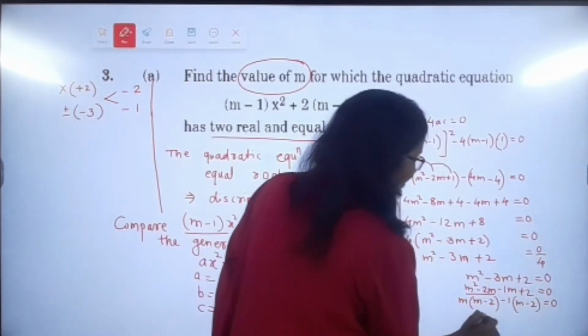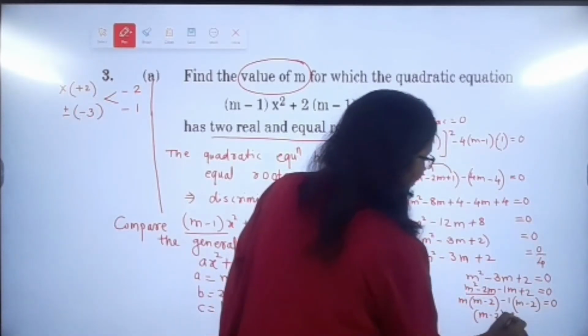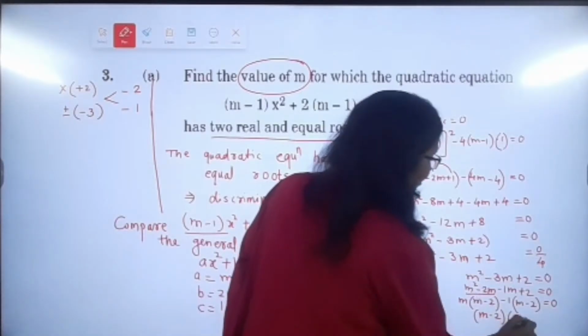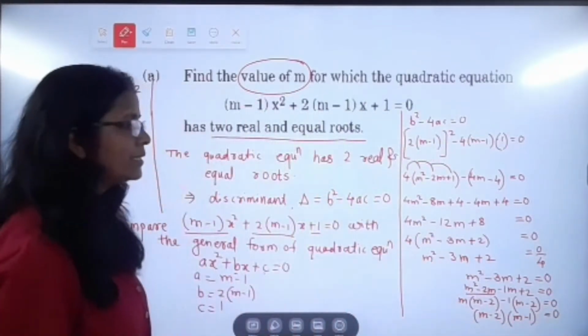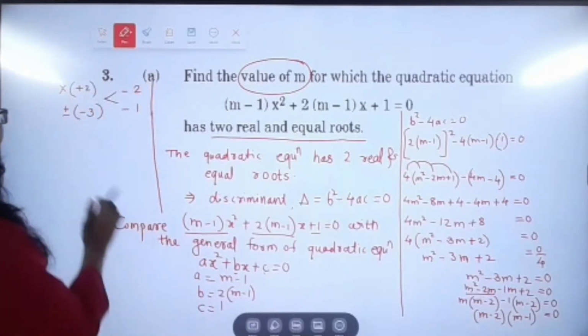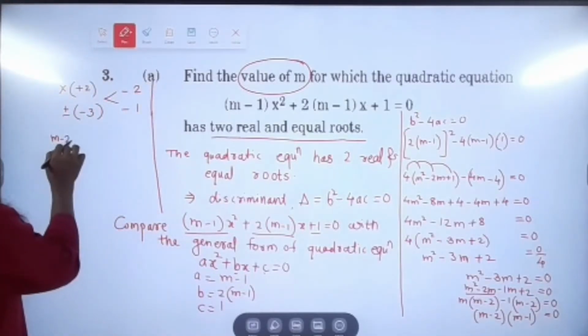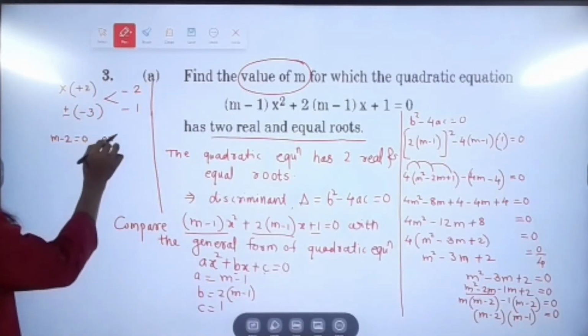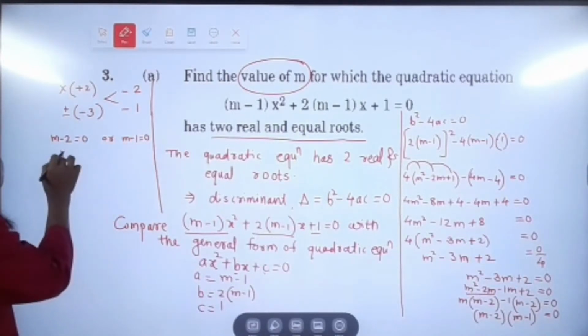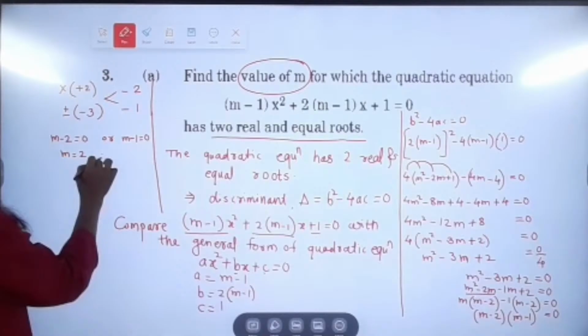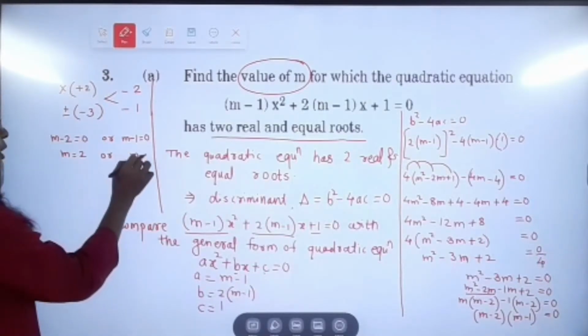So in the first bracket m minus 2, in the second bracket m minus 1, which is equal to 0. So m minus 2 is equal to 0, or m minus 1 is equal to 0. So m is equal to 2, or m is equal to 1.